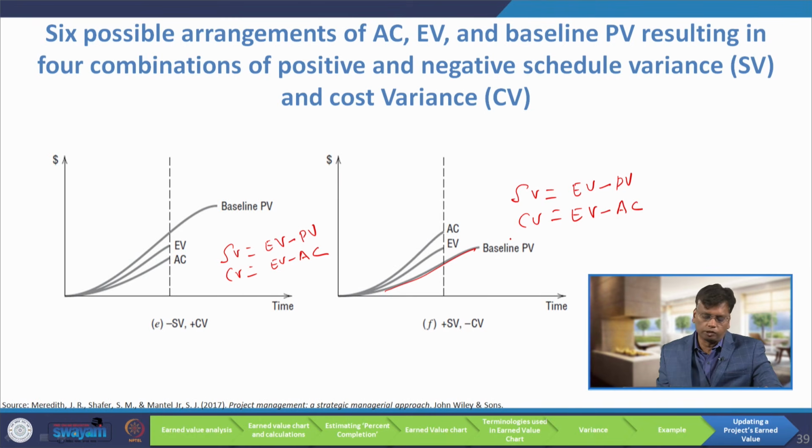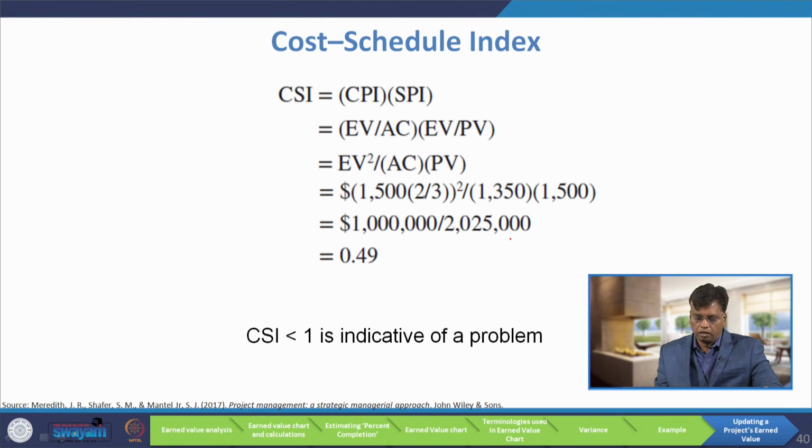So there are 6 possibilities where we can get different combinations of schedule variance and cost variance. Now, continuing with the example we used, we can find out the cost schedule index. What is that? It is the cost performance index multiplied by the schedule performance index. We know the formula: EV by AC upon EV by PV.